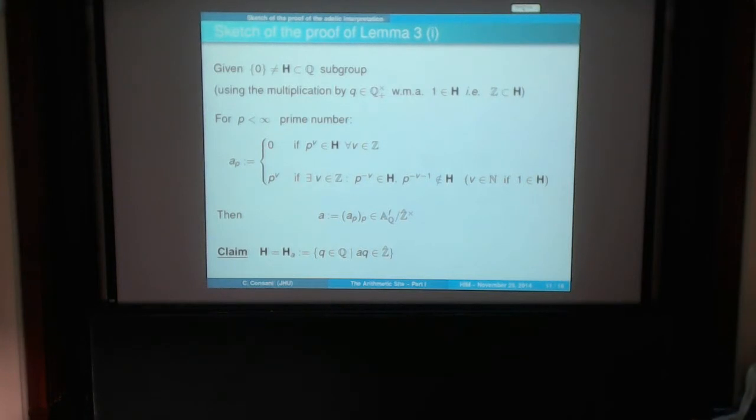I'm given H, and I want to construct the Adele in a way which connects with this H. If it happens that for any integer nu, p to the nu is in H, then the entry of the Adele at p is 0. If there exists an integer nu so that p to the minus nu is in H, but not the next power, p to the minus nu minus 1, then the Adele at that place is p to the nu. So you build up this Adele following the description at the various places. And now the claim is that with this definition, one is able to prove that H equals H_A.